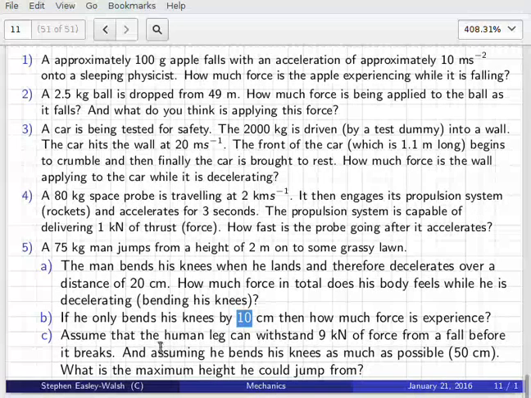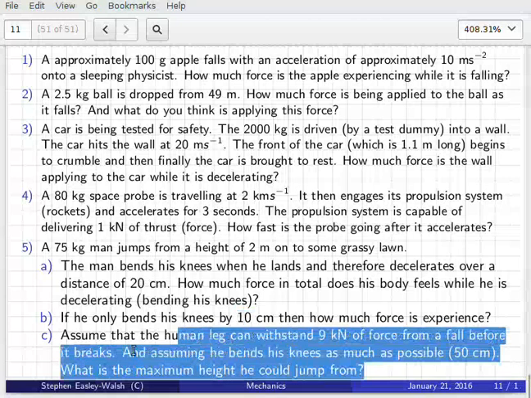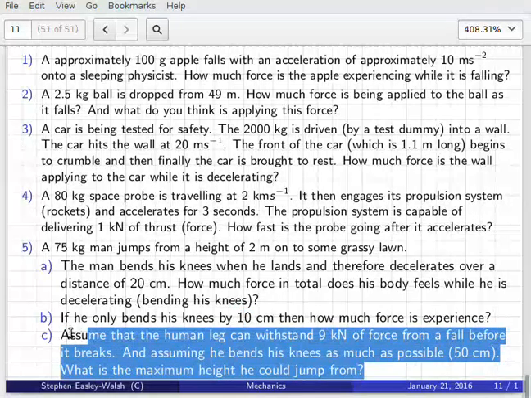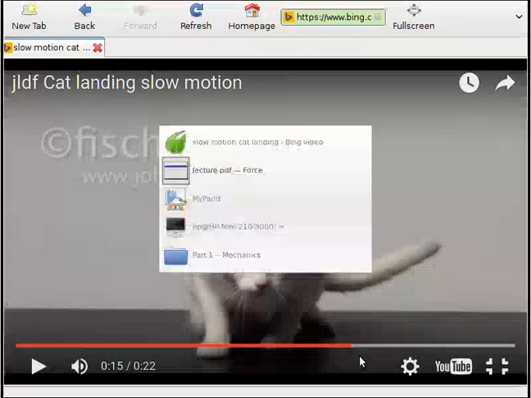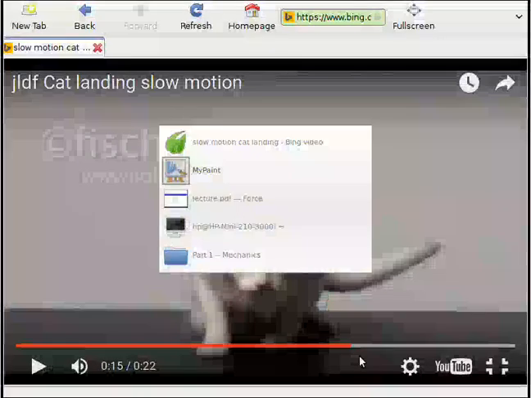Okay. Wait. Okay, wait. So, the cat hasn't landed yet. Wait.